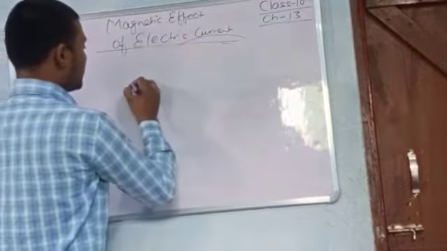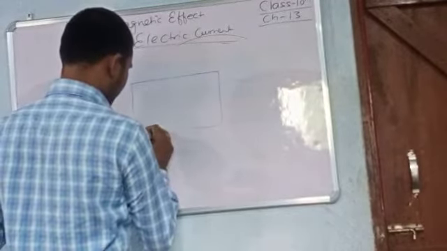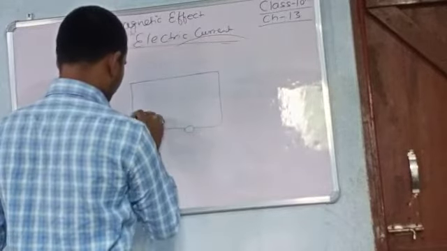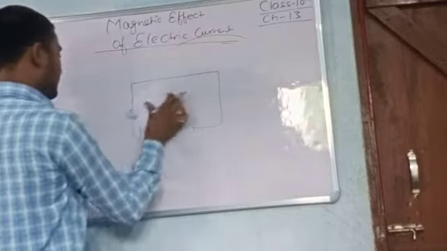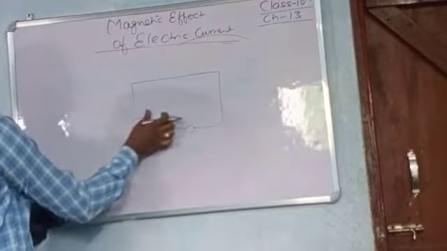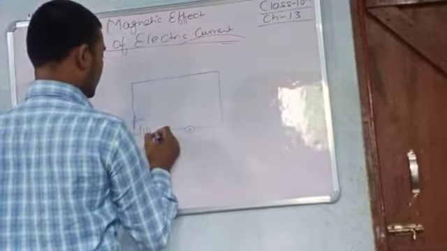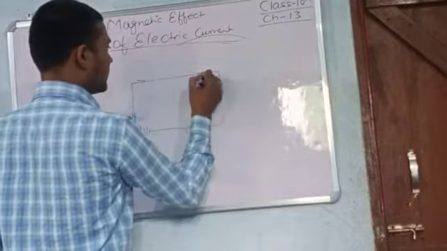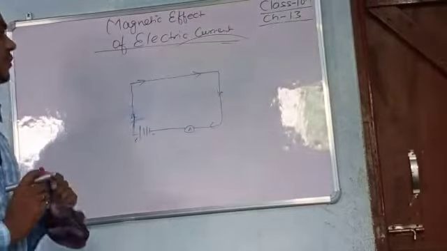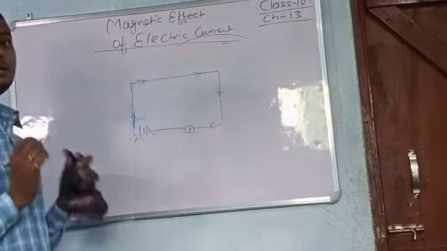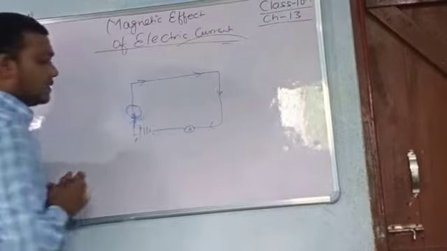This is a circuit, with minus and plus, in which current is flowing, and we add a compass into it.